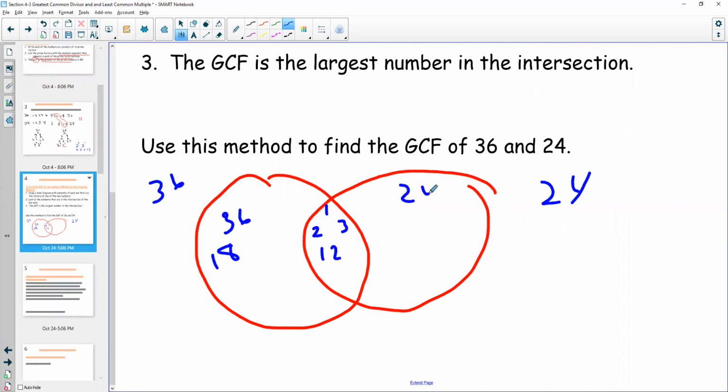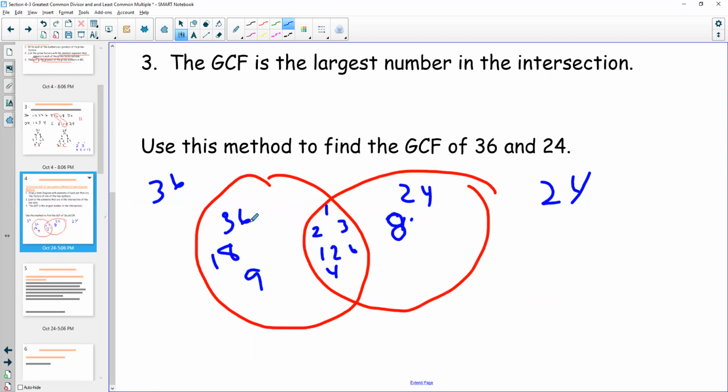That's 24. Oops, that guy needs an 8, 3 and 8. Let's see, 36 and 24, they both have a 4. They both have a 6. That guy has a 9. And I think that's it.